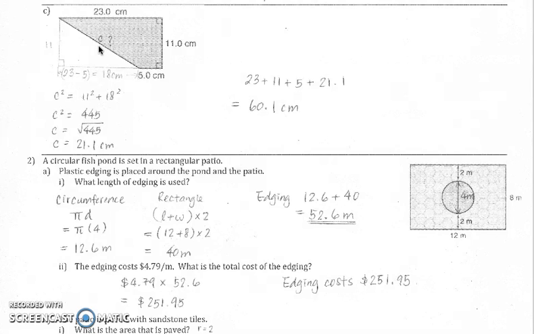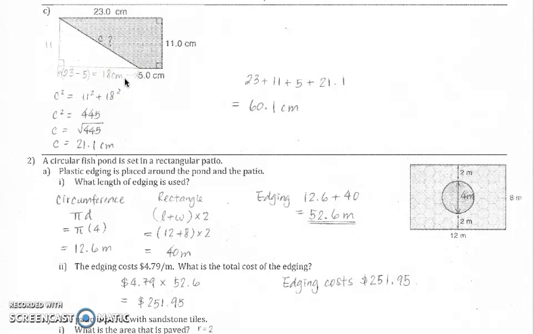How long are the 2 legs in this right angle triangle? You can either draw a line inside the shape to figure it out, or you can extend to look at the other half of the right triangle. So here, the height of the triangle is 11 centimeters, and the base is 23 take away 5 centimeters, which is 18 centimeters.